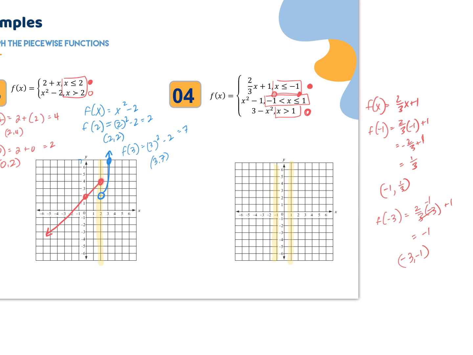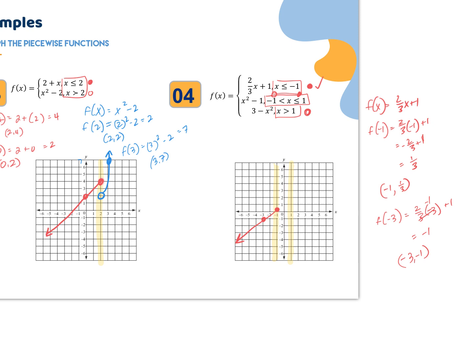So I'm going to start with negative 1, 1/3, which is about here, and it's a solid circle. And I'm going to get negative 3, negative 1, which is going to be about here. And that's the line for that. So that's the top one. I just drew that one.